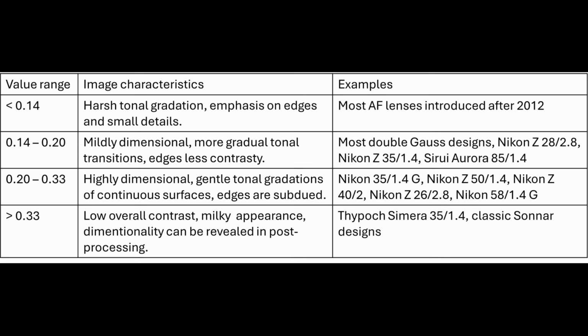The next category is the highly poppy, highly dimensional category, with dispersion score values that fall between about 0.2 and 0.33. Those are truly three-dimensional, excellent lenses that might fit the needs of cinematographers, because they create an image that is true to life, that is very easy to look at, an immersive portrayal of the scene.